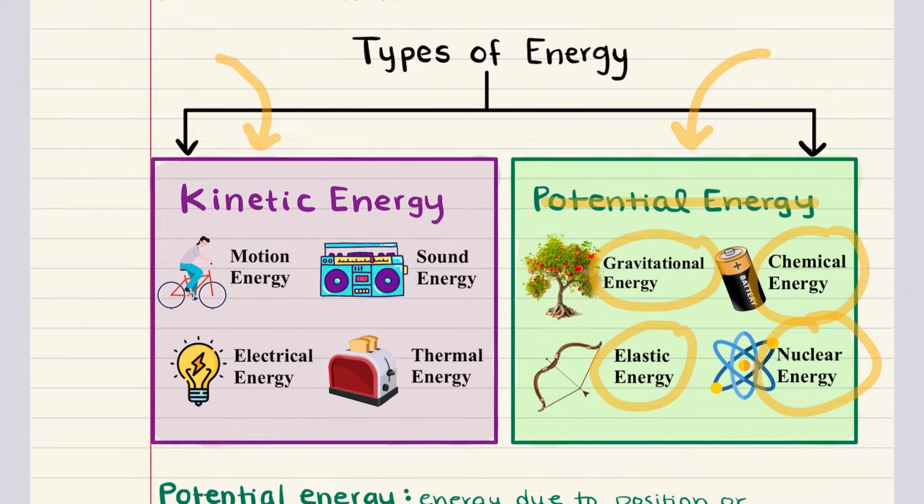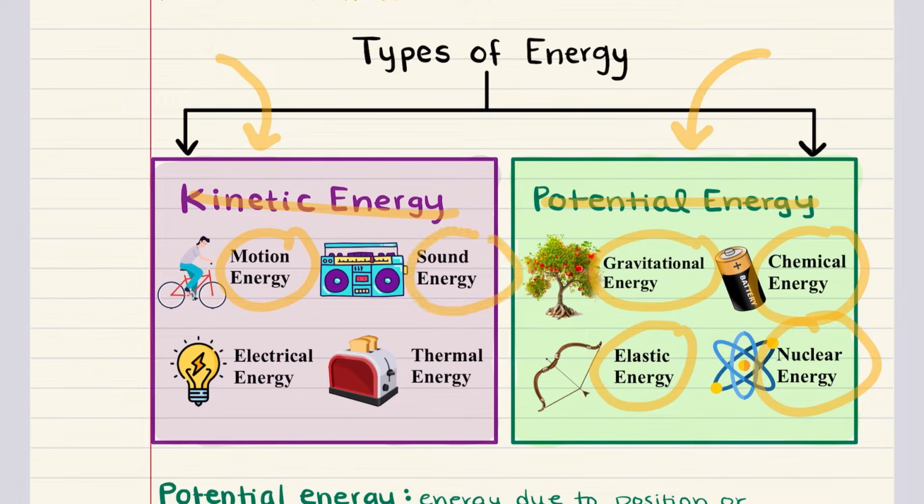On the other hand, we have kinetic energy. This is energy due to the motion of the object. Various types of kinetic energy include motion kinetic energy. This is the energy of an object in motion, and it's directly observable as mechanical movement.